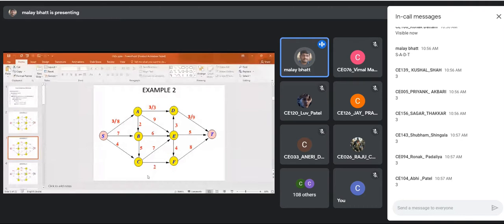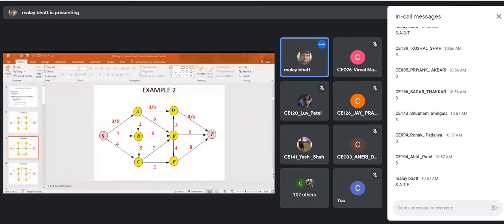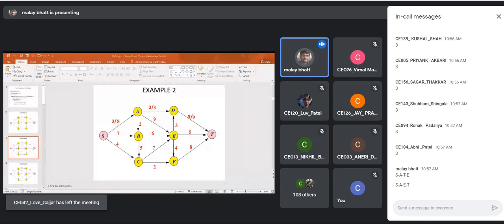So I will consider S to A to E, and E to T. T will be the terminal.